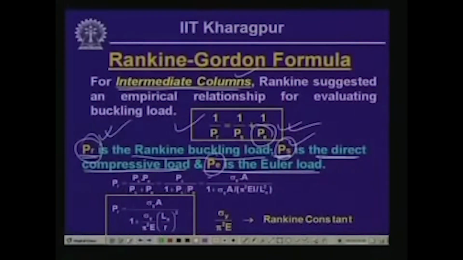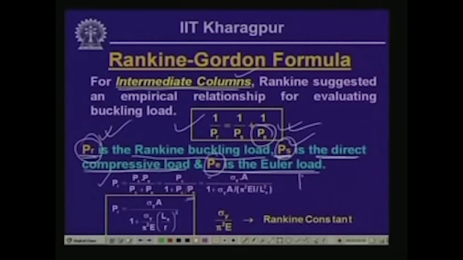So, this expression, 1 by PR is equal to 1 by PS plus 1 by PE, if we evaluate this, comes as PR is equal to PS multiplied by PE by PS plus PE, and then if we divide the denominator and the numerator by PE, we get PS by 1 plus PS by PE.